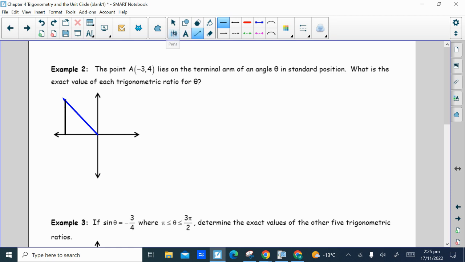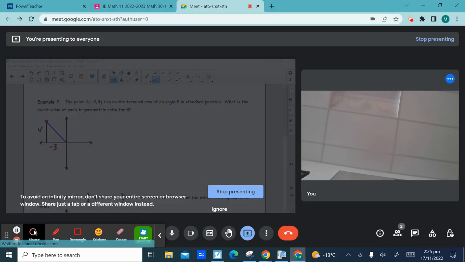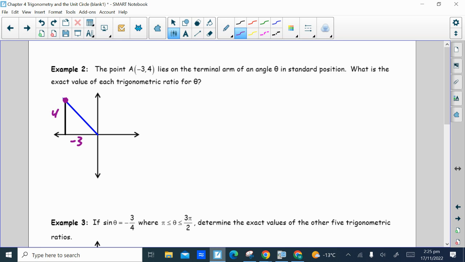So to get to that point on the terminal arm, which is up there, you have to go 3 to the left and 4 up. So that gives us the lengths of those sides. The reference angle, theta, is always between the terminal arm and the x-axis.